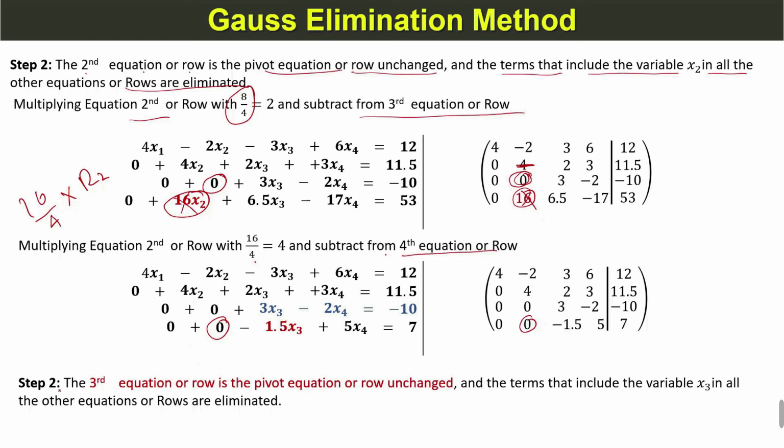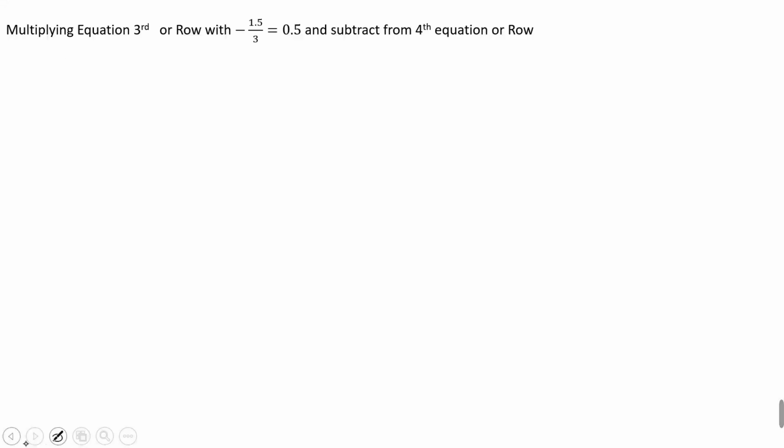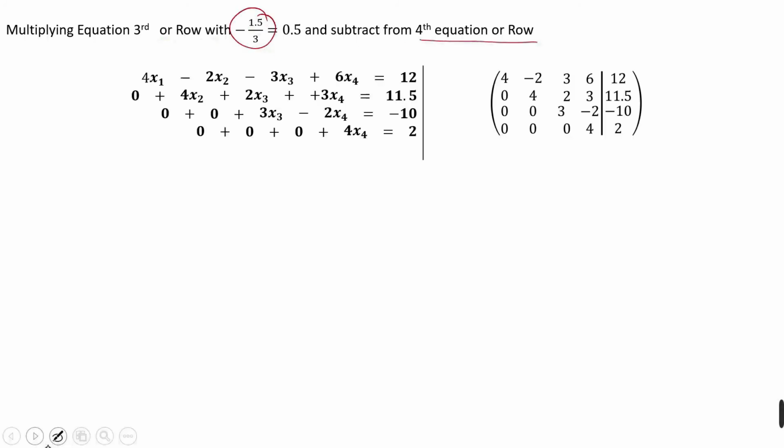So this is step 3. The third equation or row is the pivot equation or row and is unchanged, and the other equations will not change. We only eliminate the term below the diagonal element, this one. Next we multiply the third equation or row with this one and subtract from the fourth equation or row.